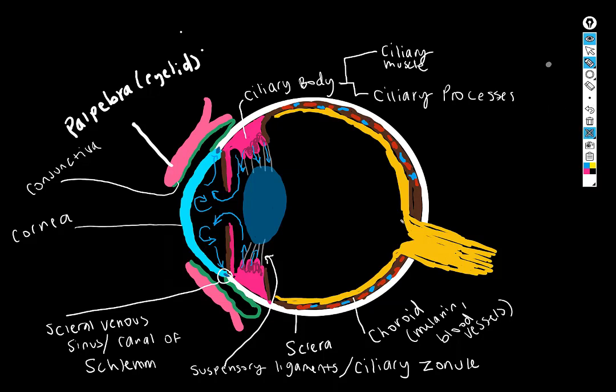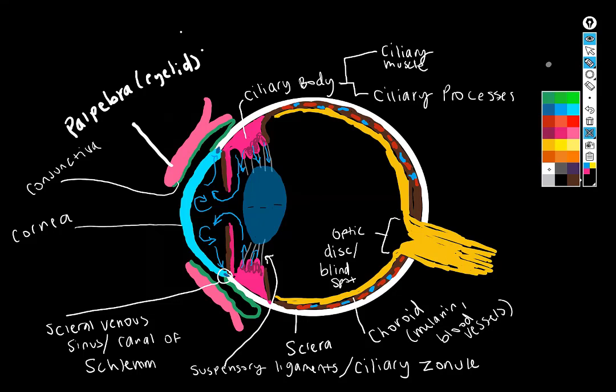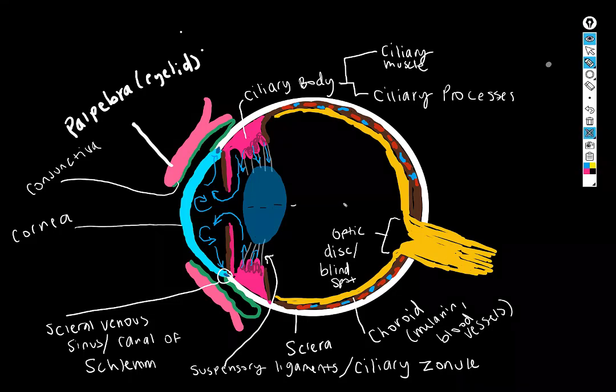So you don't have any photoreceptors here, it's all axons. So optic disc / blind spot. And then additionally, if we go through the center of the lens, so straight through the visual axis, all the way back.